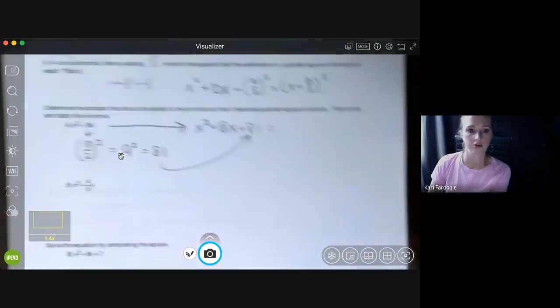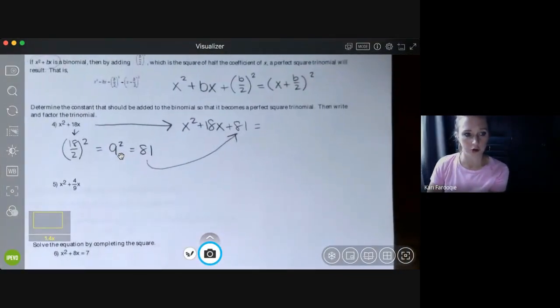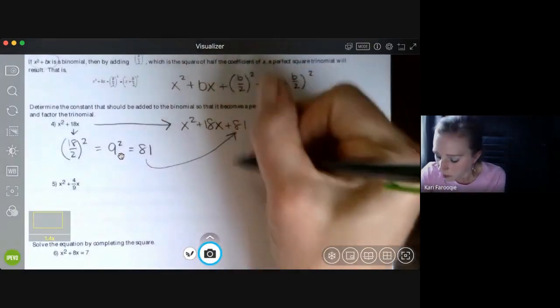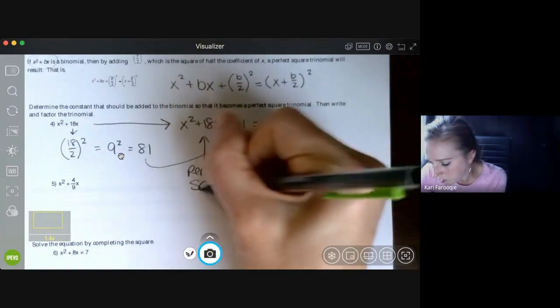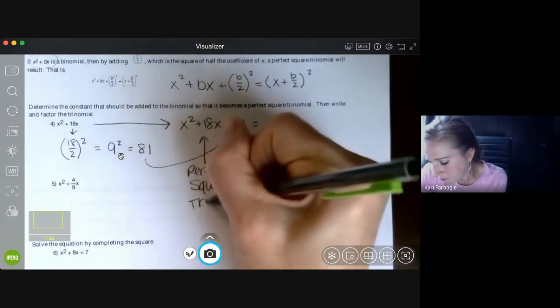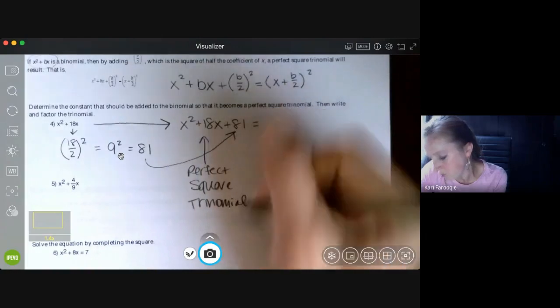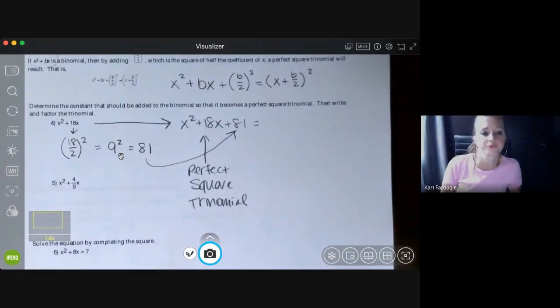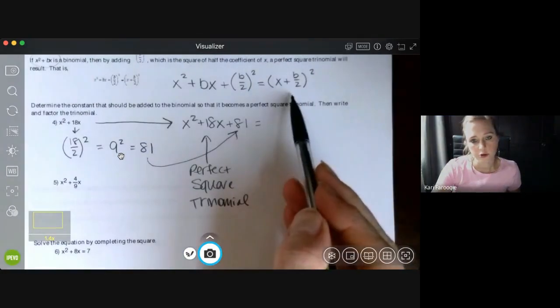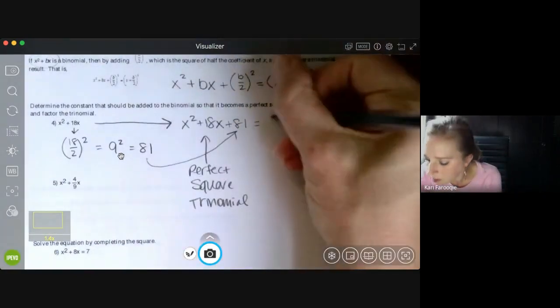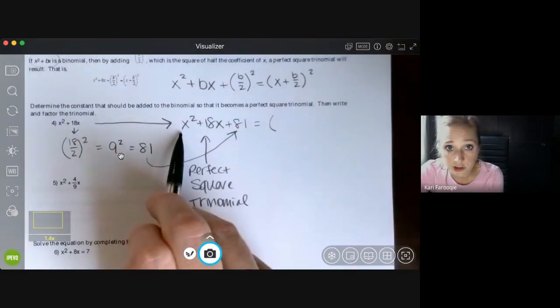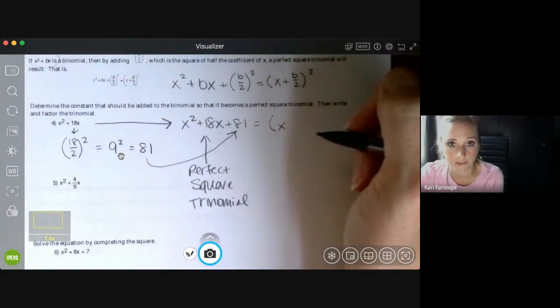Now we are going to factor our perfect square trinomial. And maybe I'll even label this as a perfect square trinomial. Okay. So going back to the definition that I rewrote for you up here so that you could see it a little more clearly, to factor your perfect square trinomial, you're going to use your variable that you originally had to the first power.